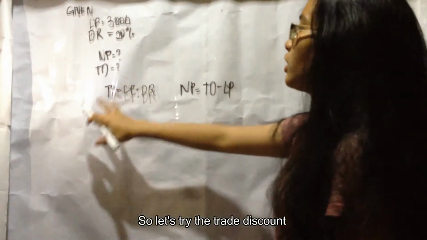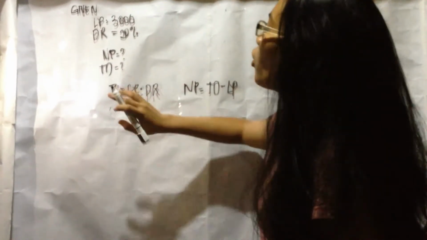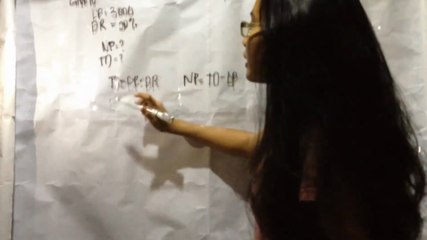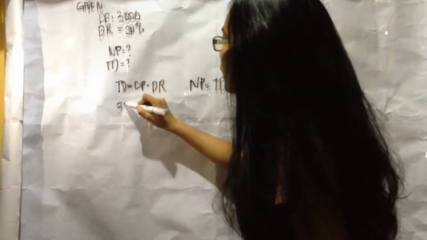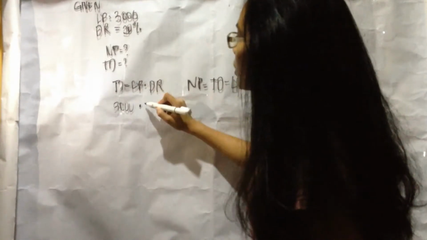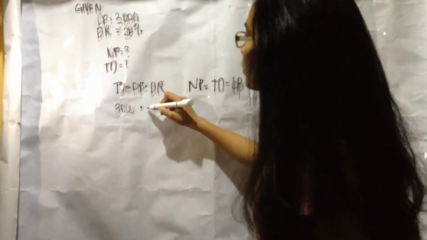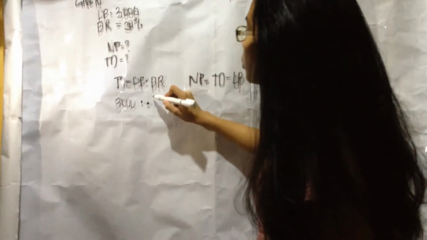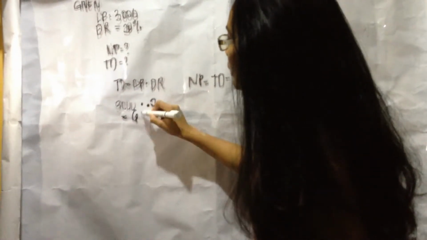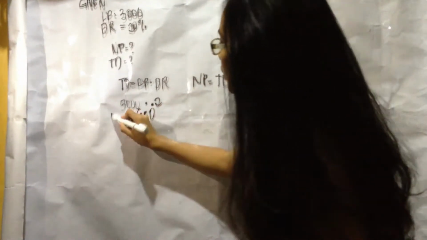So, try natin tong TD or trade discount. LP or ang list price is 3,000. Times natin siya sa discount rate na 20%. Ang sagot niyan is 600 TD.